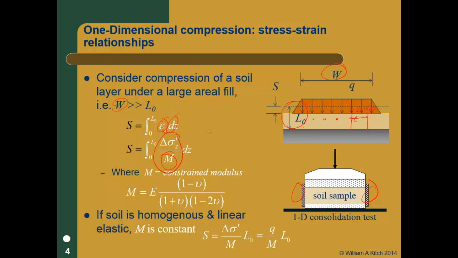If it's constant, then I can just do a simple linear calculation rather than integrating. This integral becomes a really simple algebraic equation because M's constant. So the settlement is then just equal to the applied stress divided by the constrained modulus times the original length.